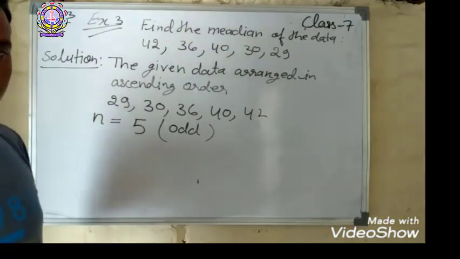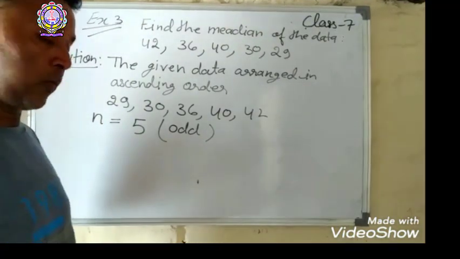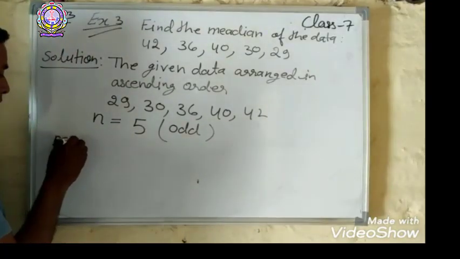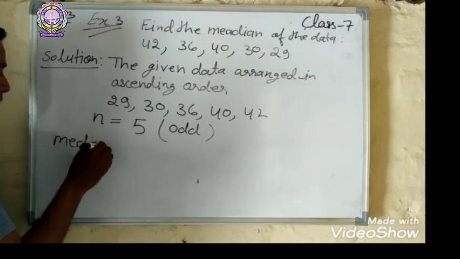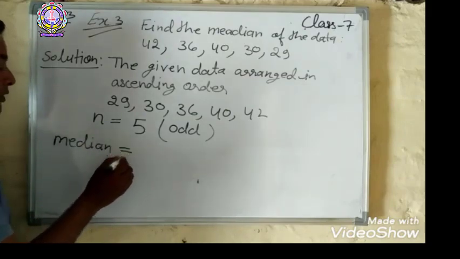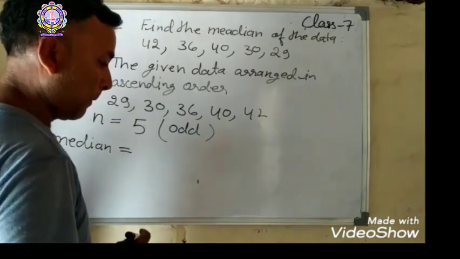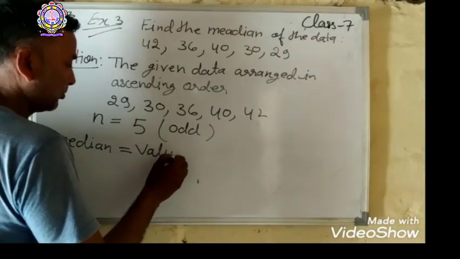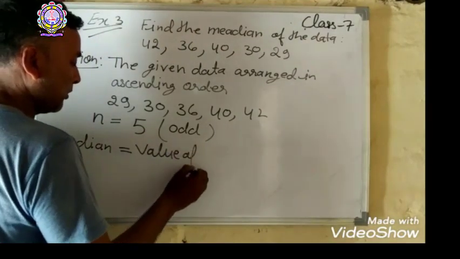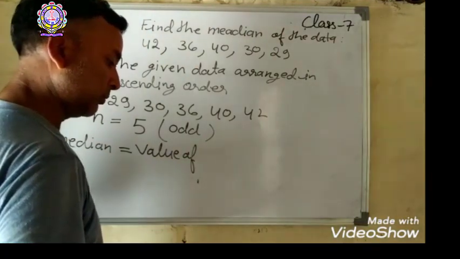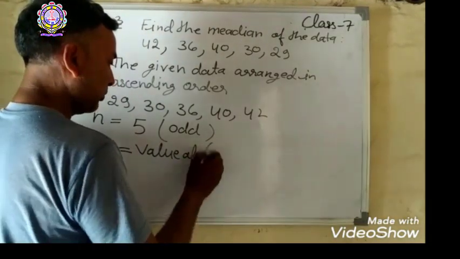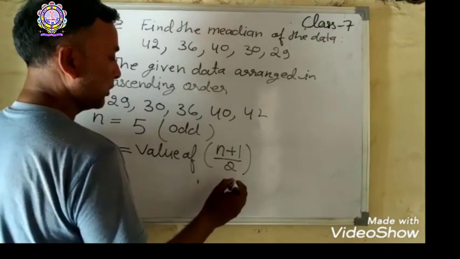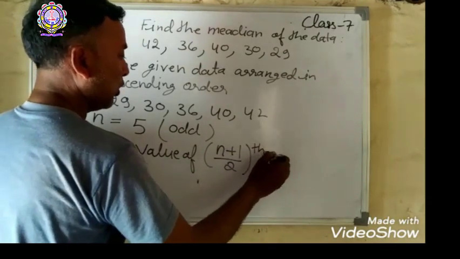Then what is the formula to find the median for the odd observation? Median is equal to the value of (n plus 1) upon 2 nth observation.